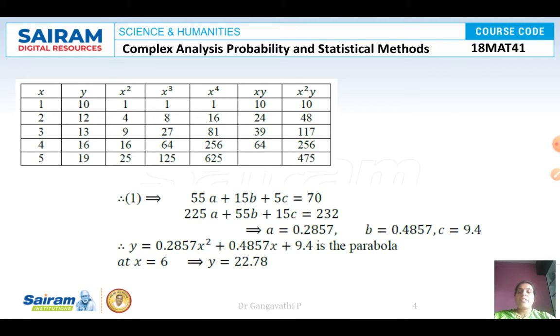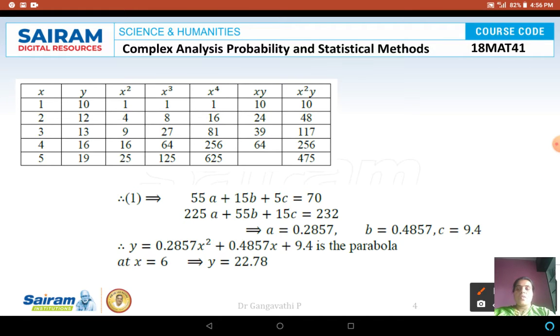Sum of all the values of x here, you can add them and write, will be 15.